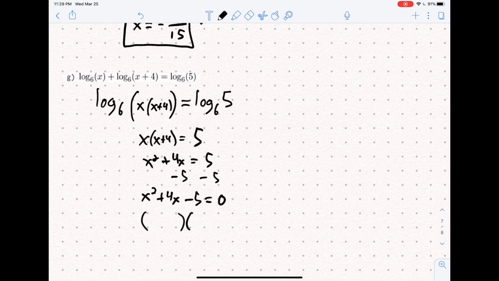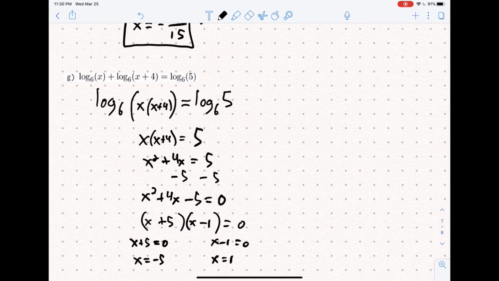Let's go ahead and give it a try. So we're looking for two numbers that multiply to give negative 5 and add up to positive 4. And those numbers are plus 5 and minus 1. So we have x plus 5 equals 0. That gives us that x is negative 5. And we have x minus 1 equals 0. That gives us that x is 1.